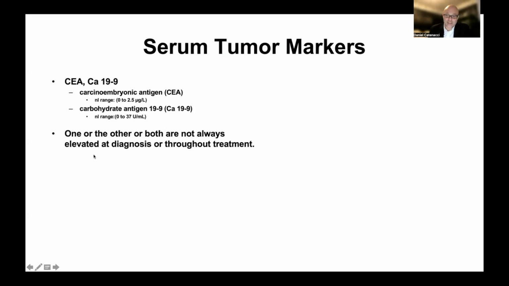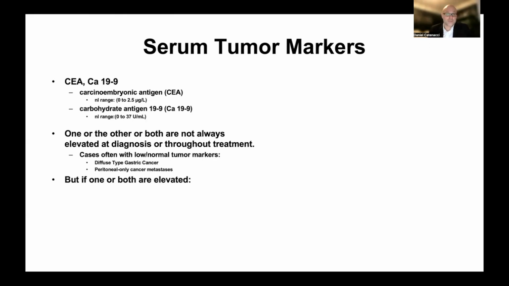But certainly there are some cases that are very commonly always normal and low, and that would be, again, that notorious diffuse type cancer and closely related peritoneal only cancer, which just doesn't excrete these often into the peripheral blood. So they can be completely normal in the setting of a known diffuse type or peritoneal only cancer.